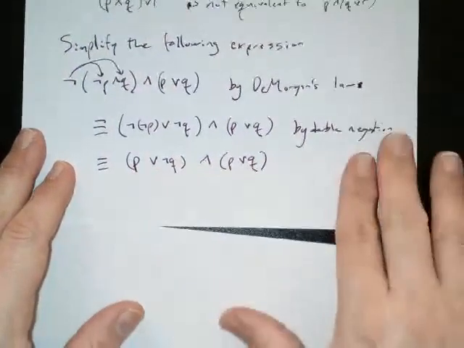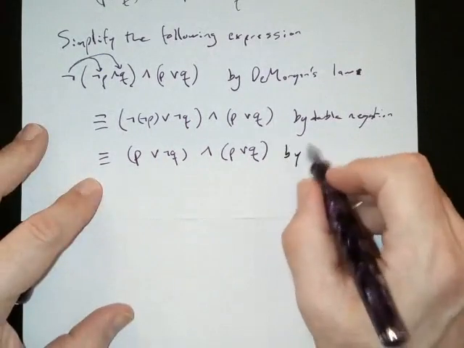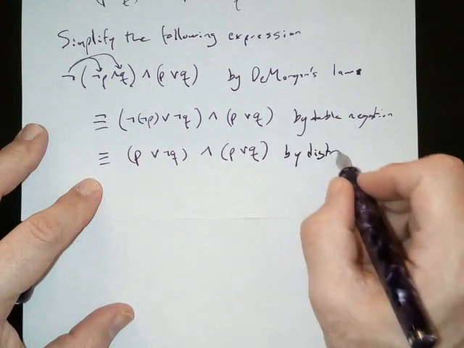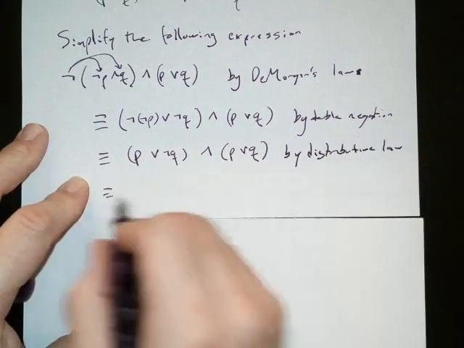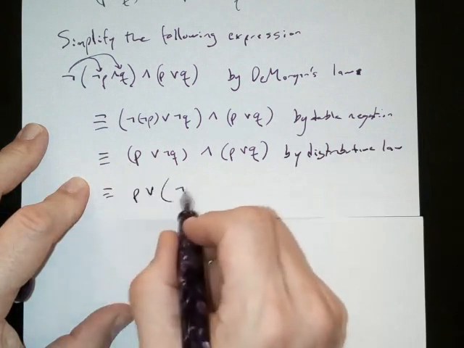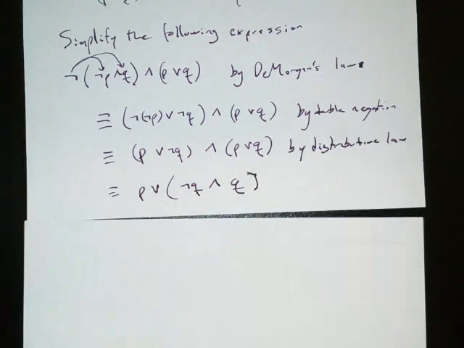P or thing and P or thing. So by the distributive rule, I get P or thing and thing. Wait a second. Not Q and Q. I saw that earlier.